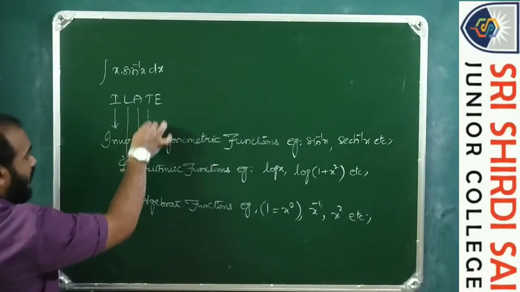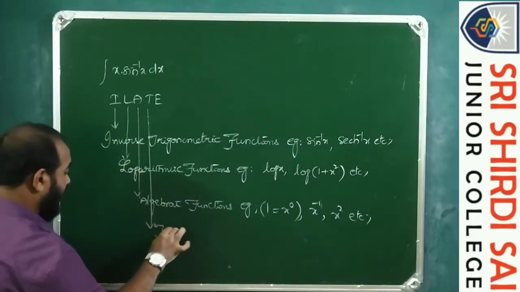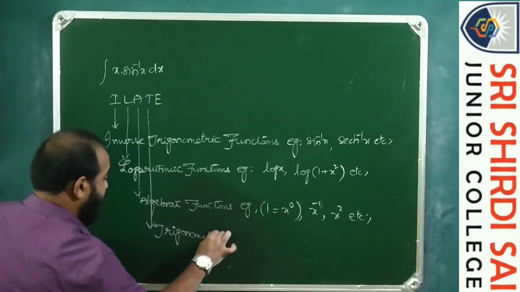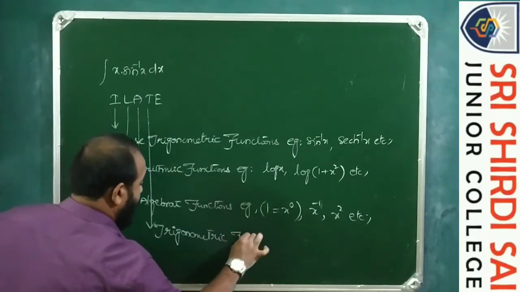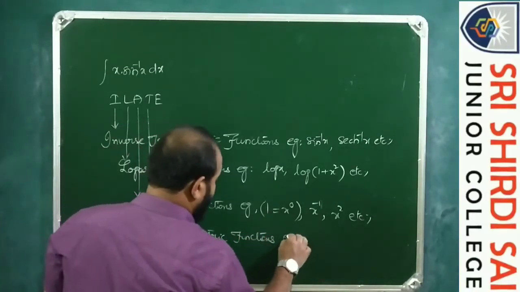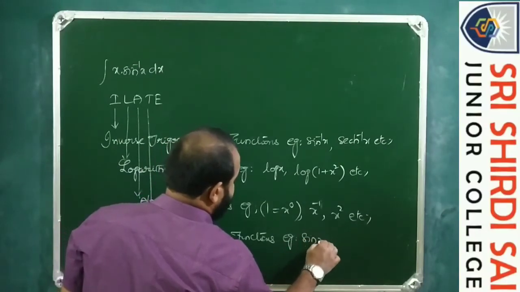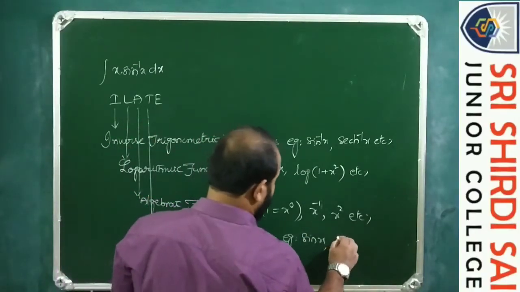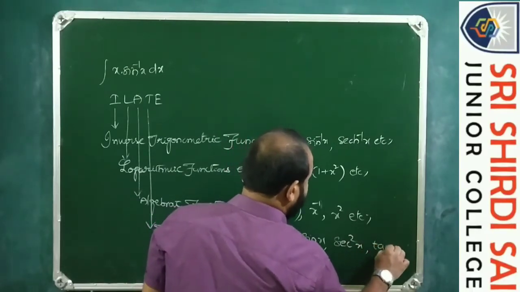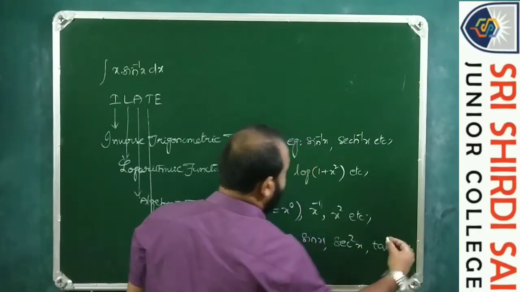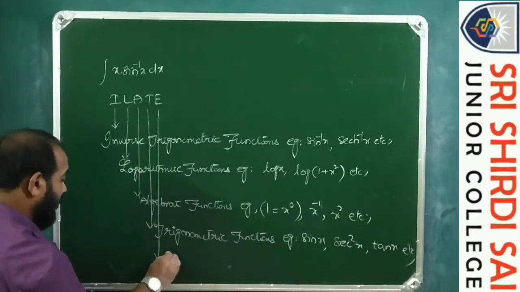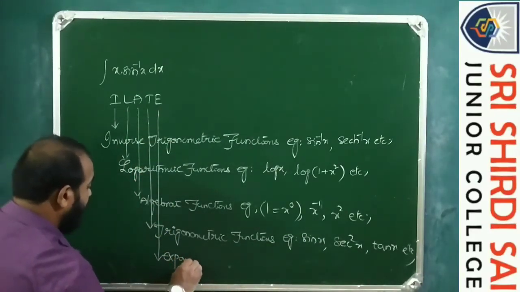T stands for trigonometric functions. So trigonometric functions, we know sin x, secant square x, tan x, etc. And E stands for exponential functions.